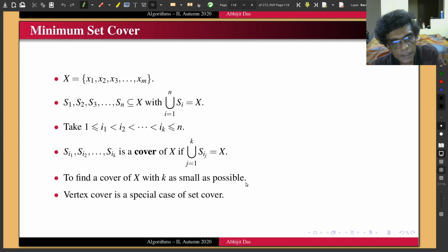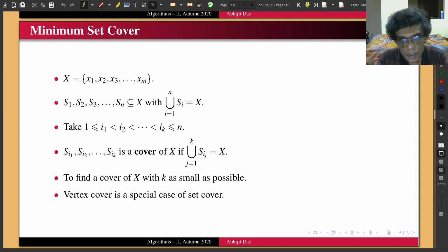Actually, you see that the vertex cover problem is a special case of the minimum set cover problem. Why? In a vertex cover, X is the set of edges and the subsets are the vertices.